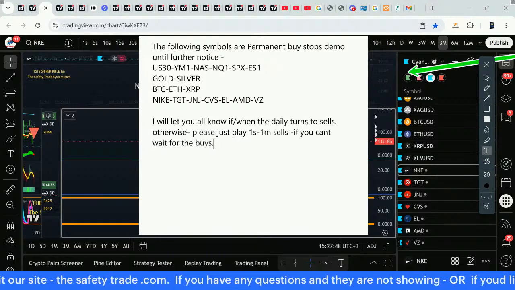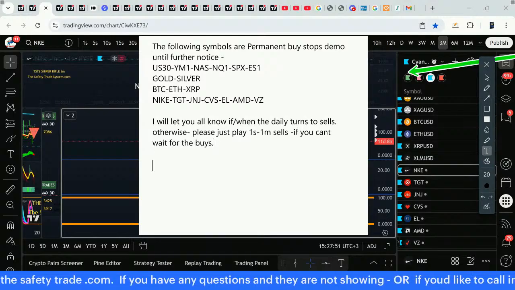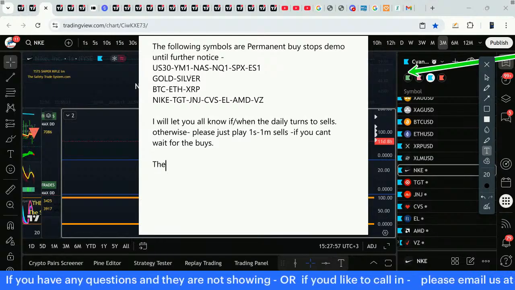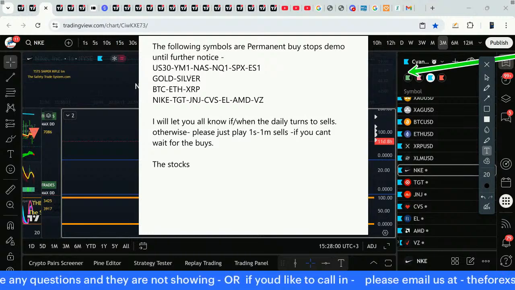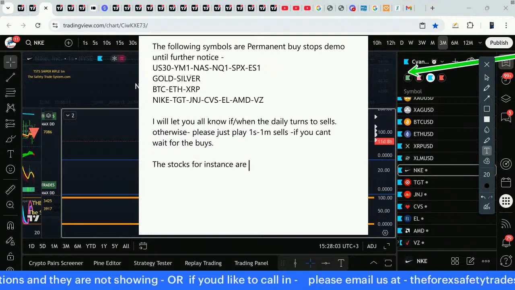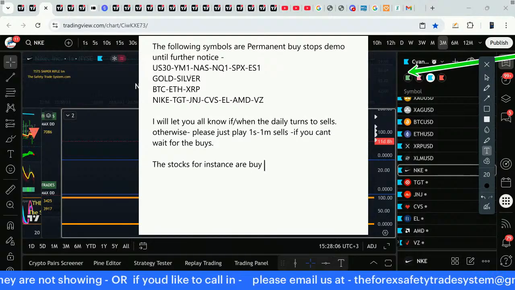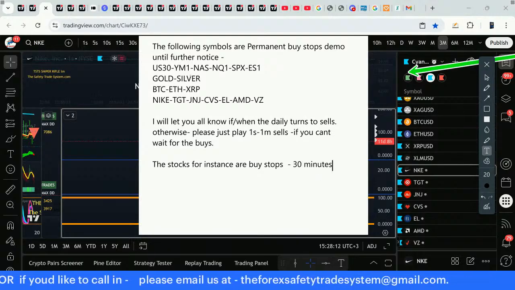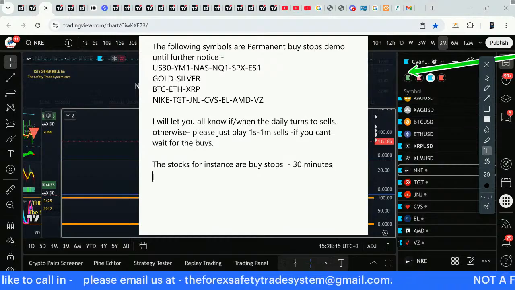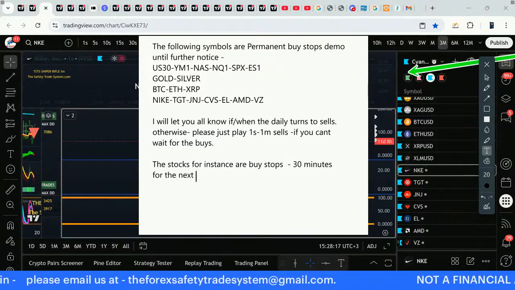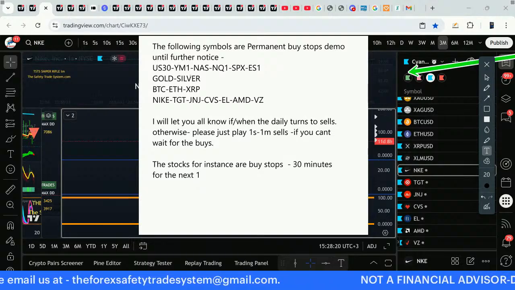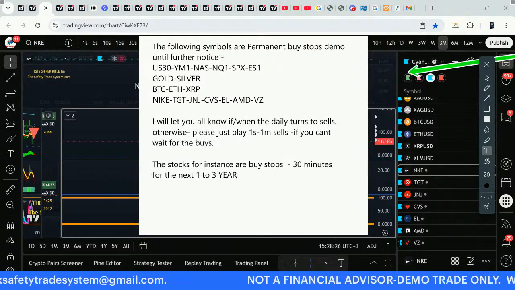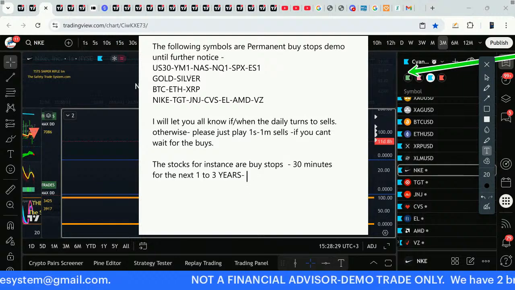Am I clear on this? The stocks, for instance, are buy stops. 30 minutes. What's the next one? 2, 3 years? Yes, years.